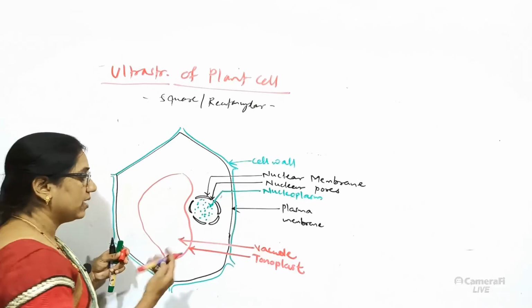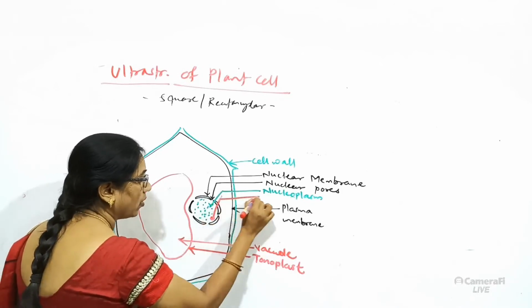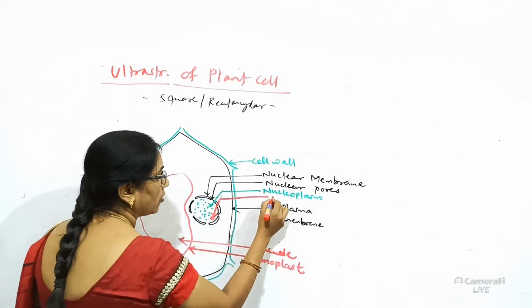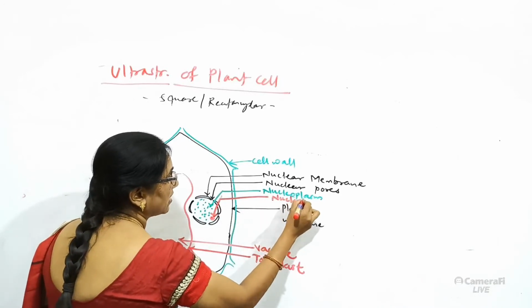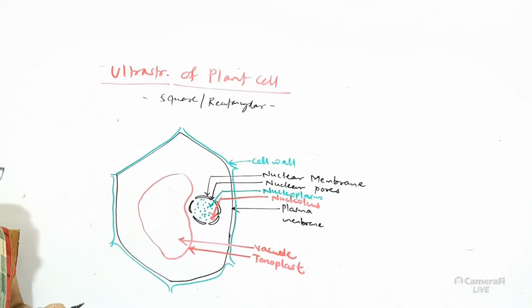Inside this nucleoplasm, one or more rounded bodies are present, and what are these rounded bodies called? These are called the nucleolus.